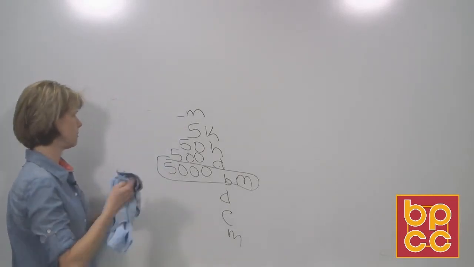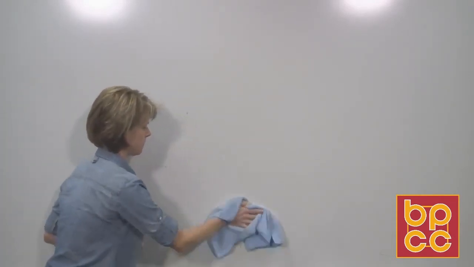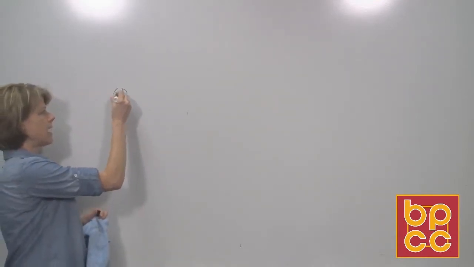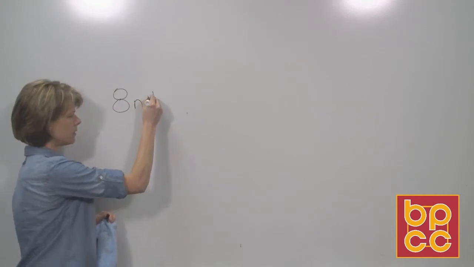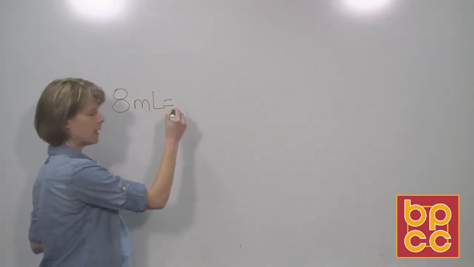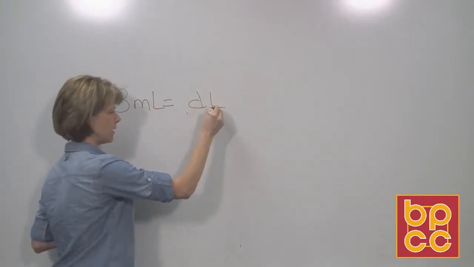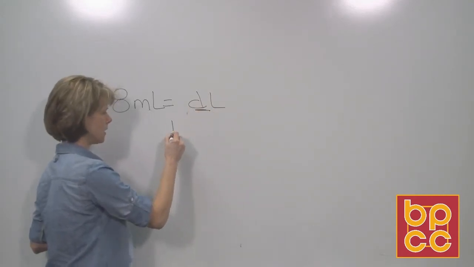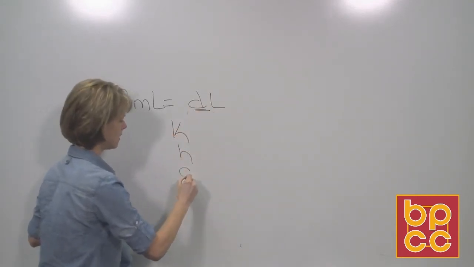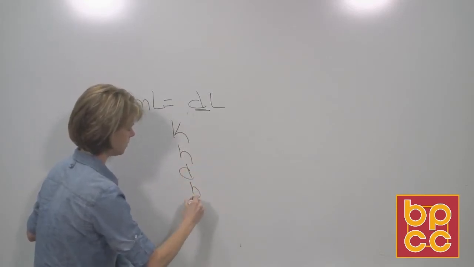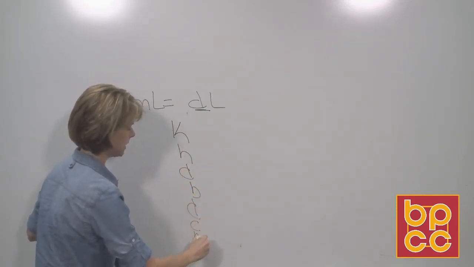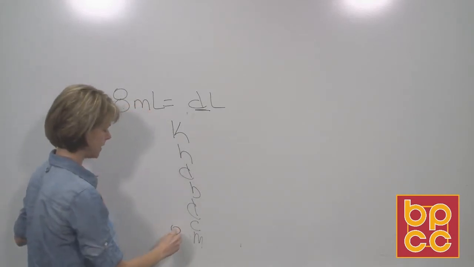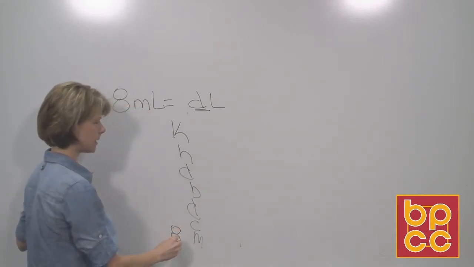Let's do another problem. Our next problem is if I have 8 milliliters, how many deciliters is that? And remember, deci is just the D. Do our acronym. KISS HER daily because divorce costs money. I have 8 milliliters, so I put in the 8 at the milliliter.